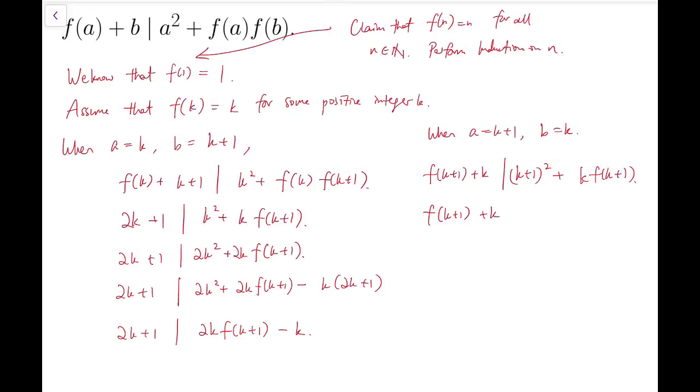So f of k plus 1 plus k divides k squared plus 2k plus 1 plus k times f of k plus 1. And we can quickly remove the k times the divisor. And so it divides 2k plus 1.